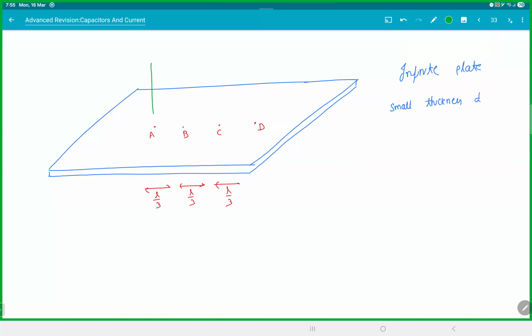Then what you did, you started sending current I here, and then you started pulling current I from here. Doesn't matter how it is being done. Someone is sending current I from A, and the current I is coming from D. Remember, this is an infinite one, okay? It's a big plate.